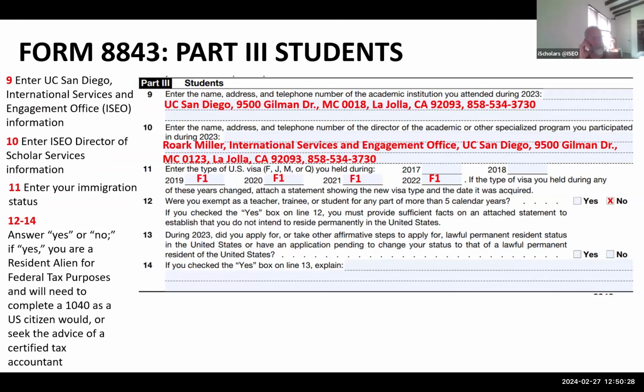Okay, next question. If someone entered the US on a J2 visa, spent some days as a J2, then joined a postdoc position at UCSD after changing to J1, all in 2023, how do they file Form 8843 and 1040 NR?